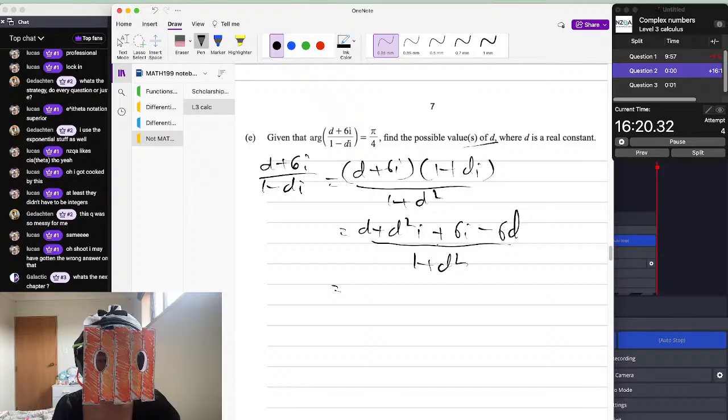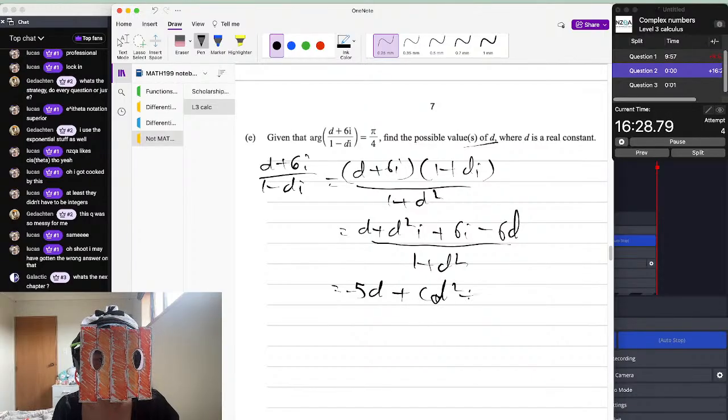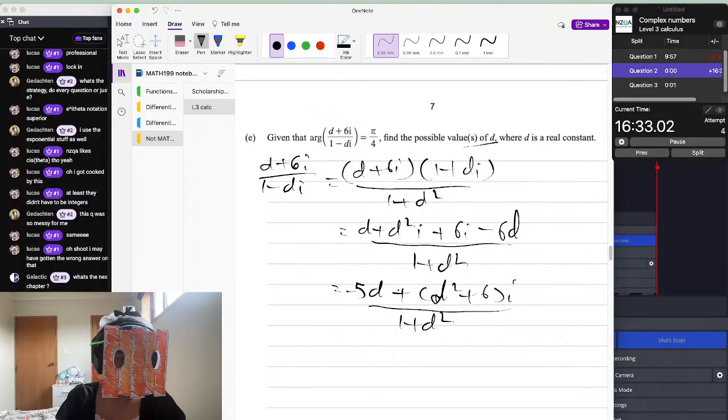And by simplifying, minus 6d minus 5d plus d squared plus 6i, over 1 plus d squared.